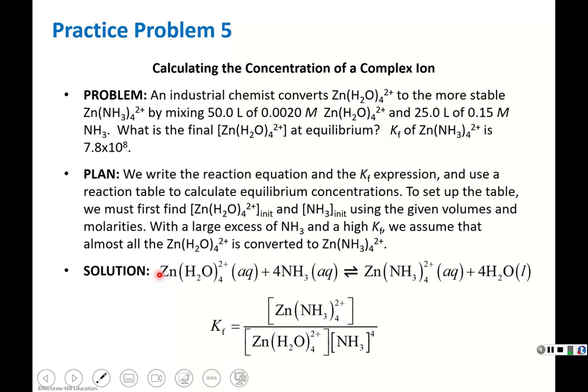Okay, so let's try finally some practice questions with complex metal ions. And these, pardon the pun, but these questions can get very complex. Okay. So this one, we have an industrial chemist converting zinc that's coordinated by 4 water molecules, so it's a zinc 2+ with 4 water molecules around it, to the more stable zinc ammonia 4.